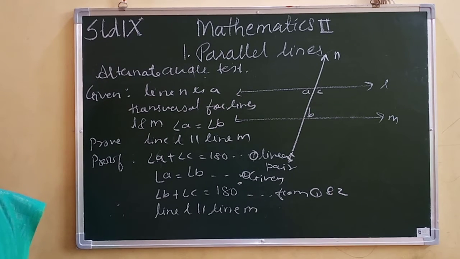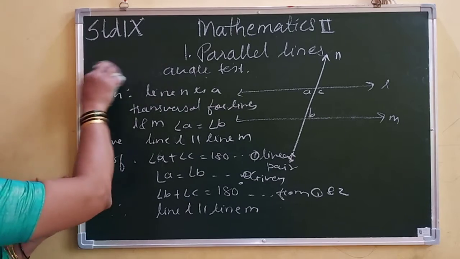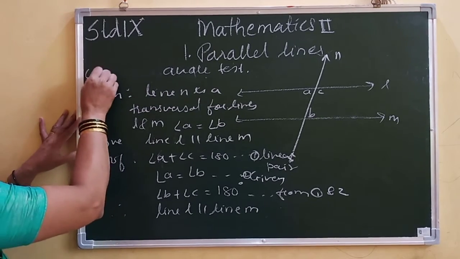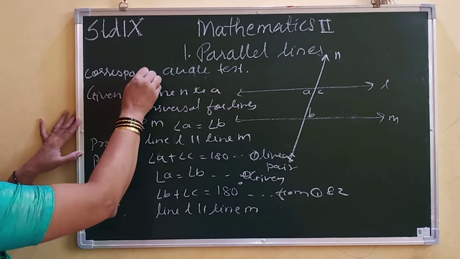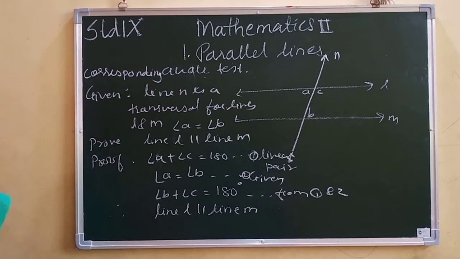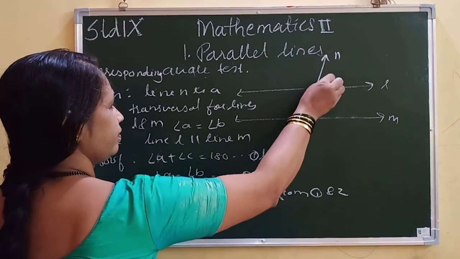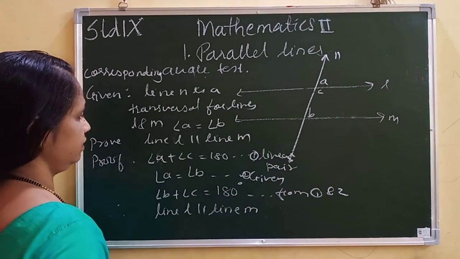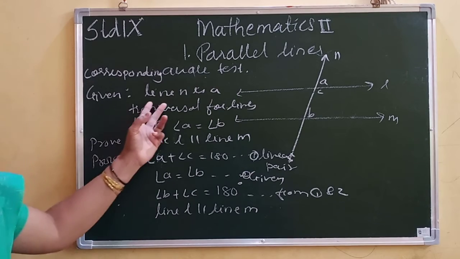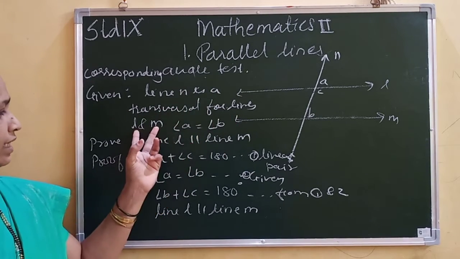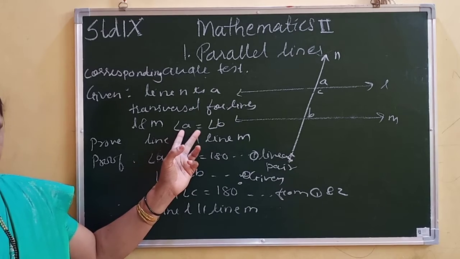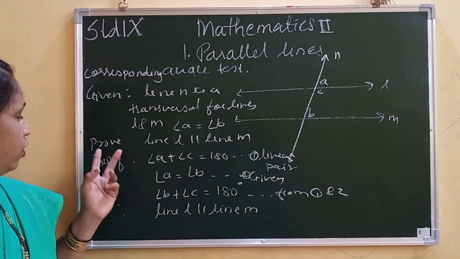Now next we have to see the corresponding angles test. Now the corresponding angle test is also the same. In the corresponding angle test, you have to consider these angles as A, B and this C. So here we will consider line L as a transversal for lines L and M. And here angle A is equal to angle B. What you have to prove?